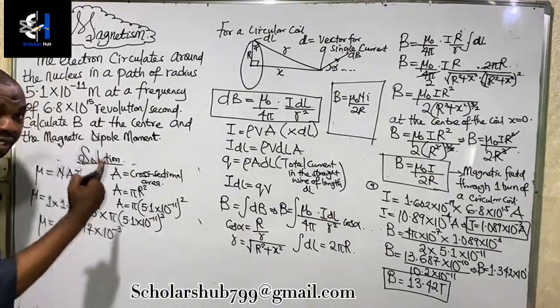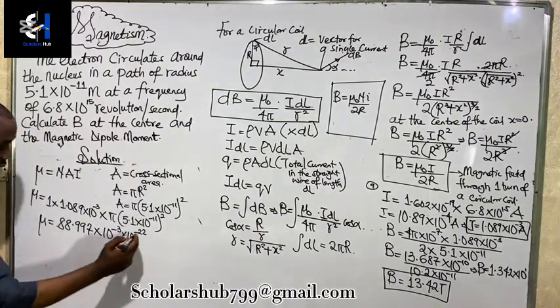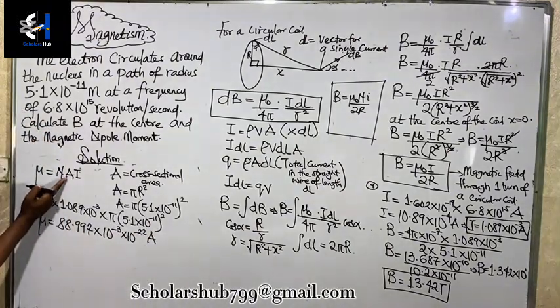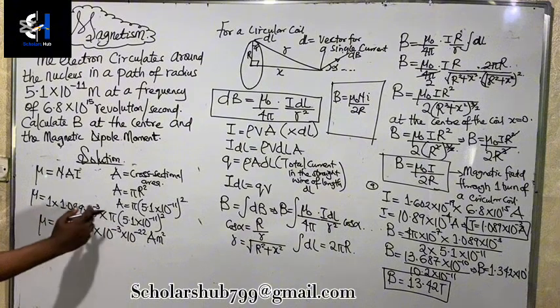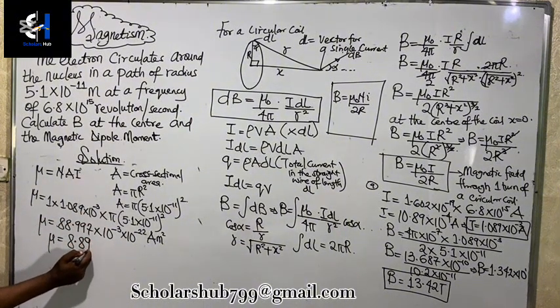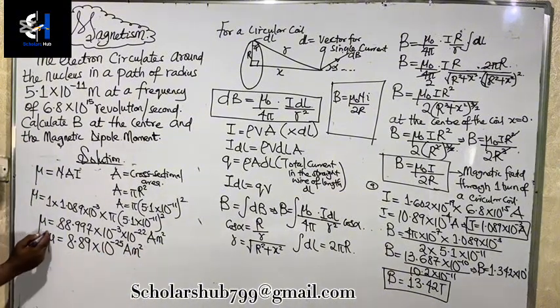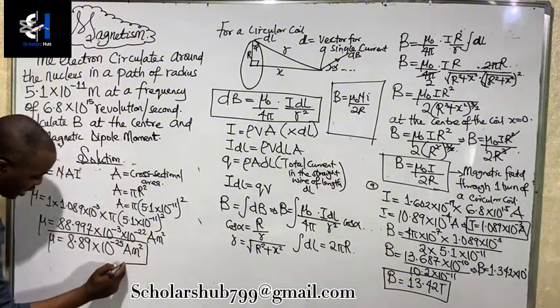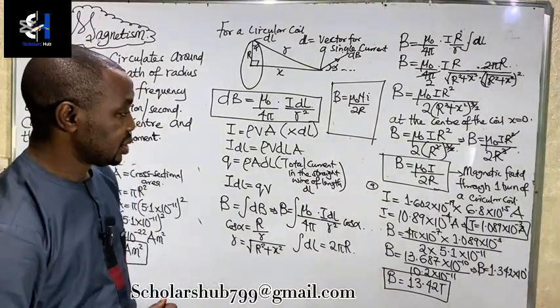Now, 10 raised to the power of -11, squared, will be 10 raised to the power of -22. Since we have current and area, the unit will be ampere meter squared. So this combines so that the magnetic dipole moment will be 8.89 times 10 raised to the power of -25 ampere meters squared. And this is the magnetic dipole moment.